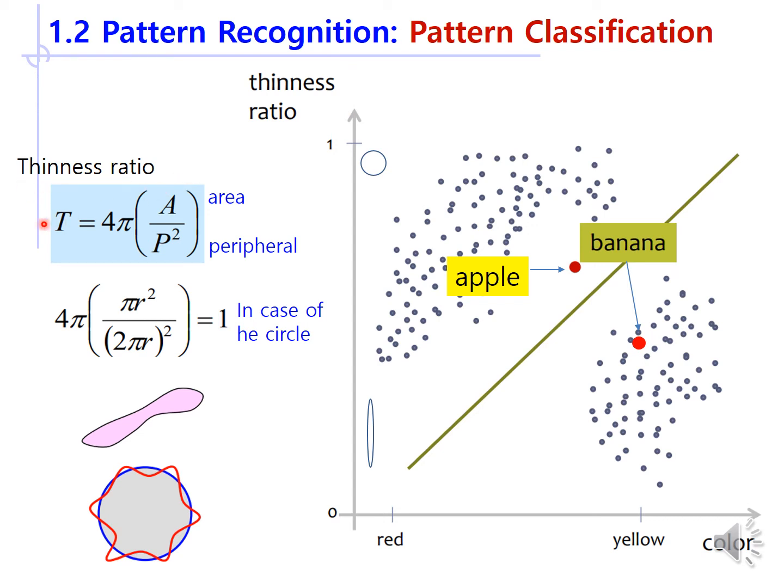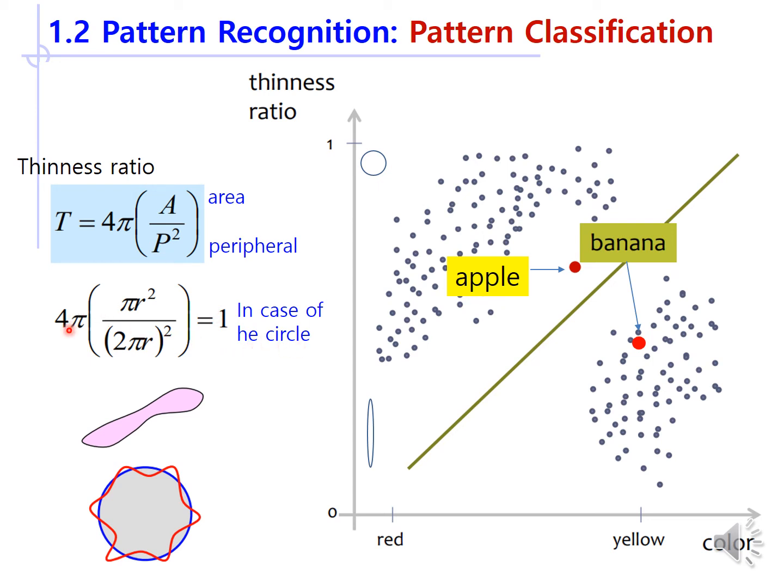This is a description of the thinness ratio feature. T equals 4 pi A divided by P squared. A means the area of that object, and P is the perimeter, the length of the contour of that object.